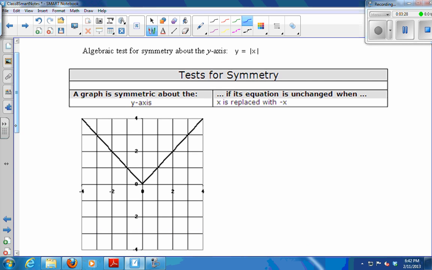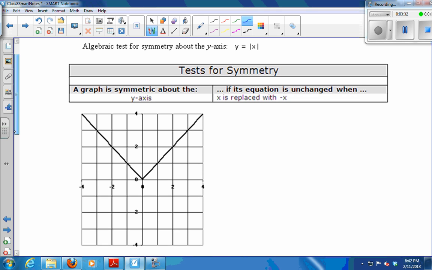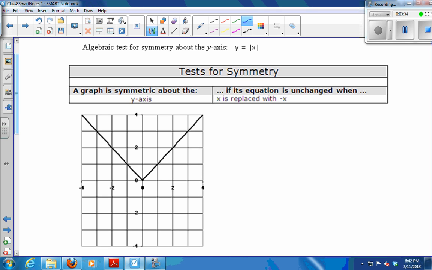So here I'm going to demonstrate the algebraic test for symmetry for this particular equation, y equals the absolute value of x. I'm just going to start by writing down the original equation. And to test for y-axis symmetry, you replace x with negative x. So I'm going to do my test.